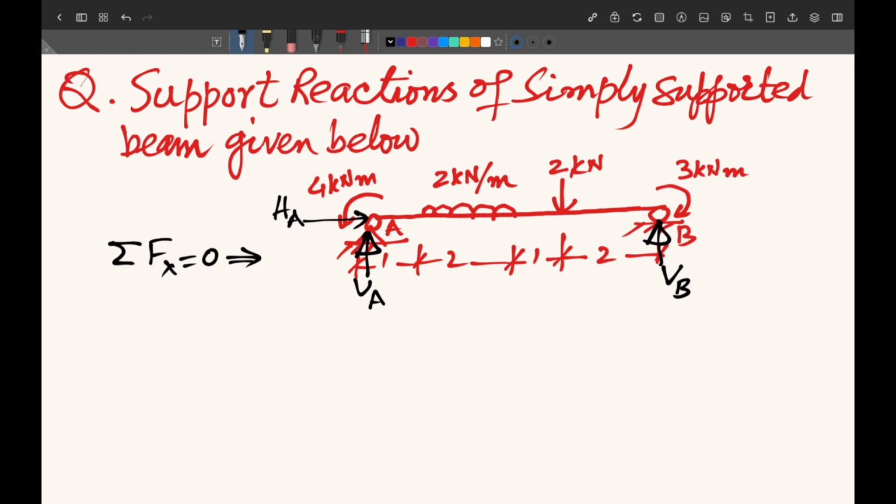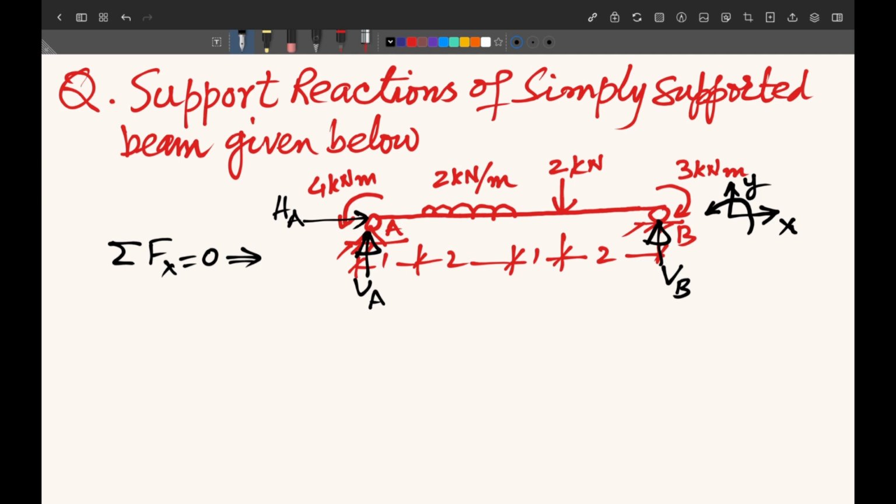Initially we don't know the direction of the reactions for horizontal or vertical, so we assume them in their positive sense. Right hand for x is positive, upward for y is positive, and the moments anti-clockwise are positive. So this is the sign convention which we adopt for our calculation.